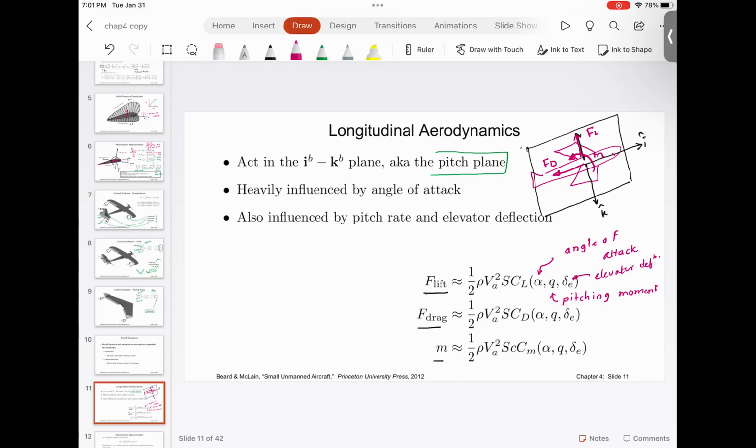So you have coefficient of lift, coefficient of drag again is dependent on angle of attack, pitch moment, elevator deflection, and coefficient of moment is again dependent on angle of attack, pitching moment, and elevator deflection.